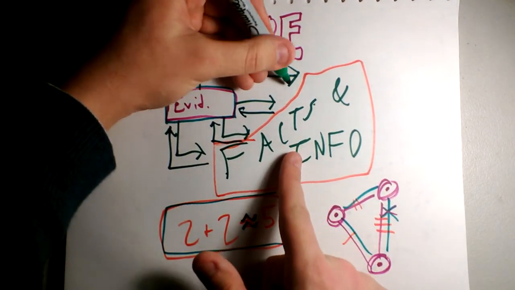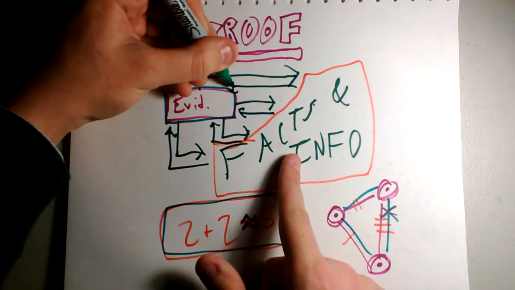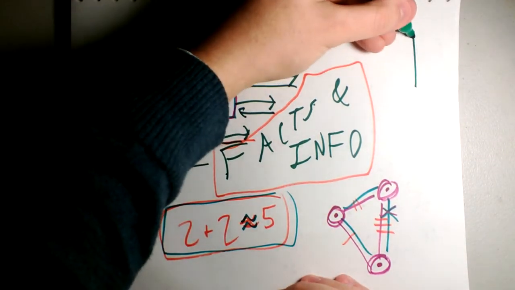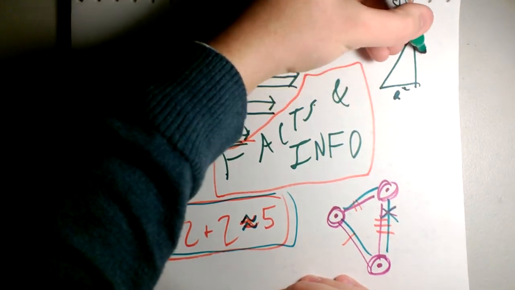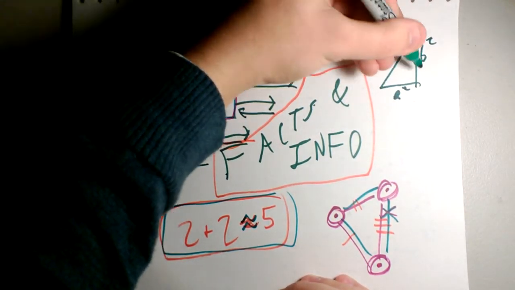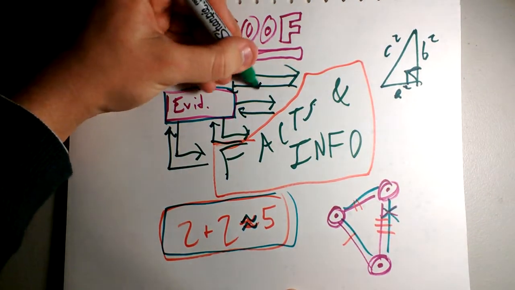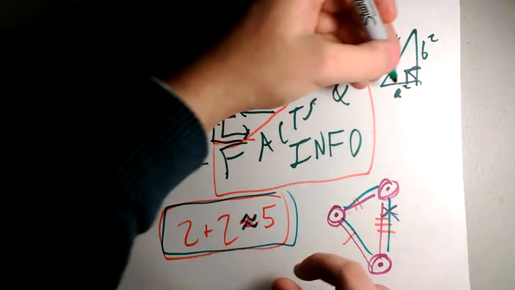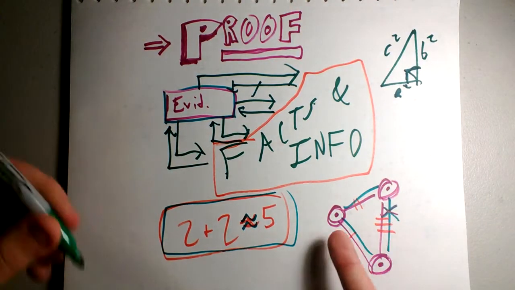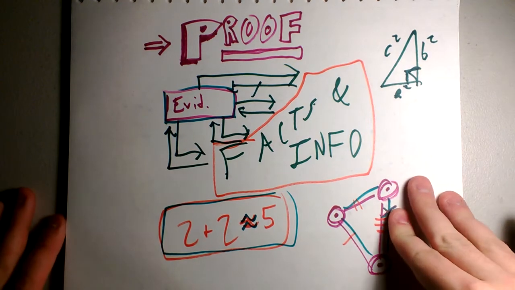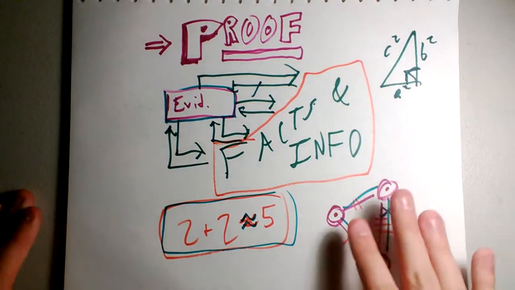And sometimes we have facts and info and we don't know why. Like we know a squared plus b squared equals c squared, and then later someone shows us, oh, so that's why that's true. And that is going backwards with the proof and gives us evidence based off of initial facts that they tell us later.